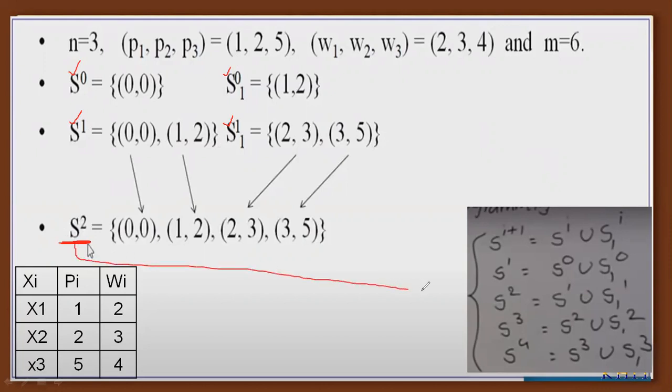There is a formula for computing the value of S^2: S^2 equals S^1 union S^1_1.